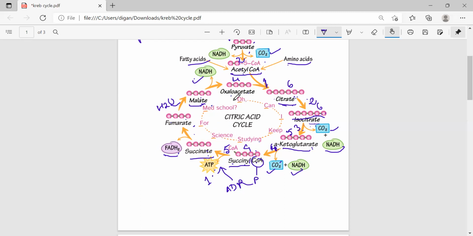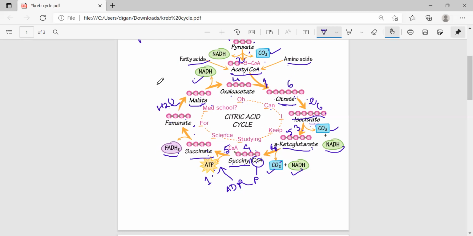For oxaloacetic acid, you remember O; citrate, you remember Can; then I, then Keep, then Studying, then Science, then For, then Math School. It means if you remember the line, 'Oh, can I keep studying science for math school?', here O indicates oxalo. So this is the trick. You can remember like this or otherwise as you wish.